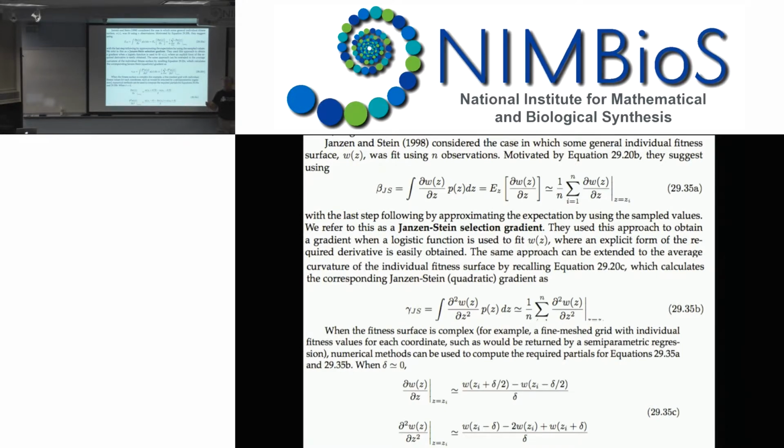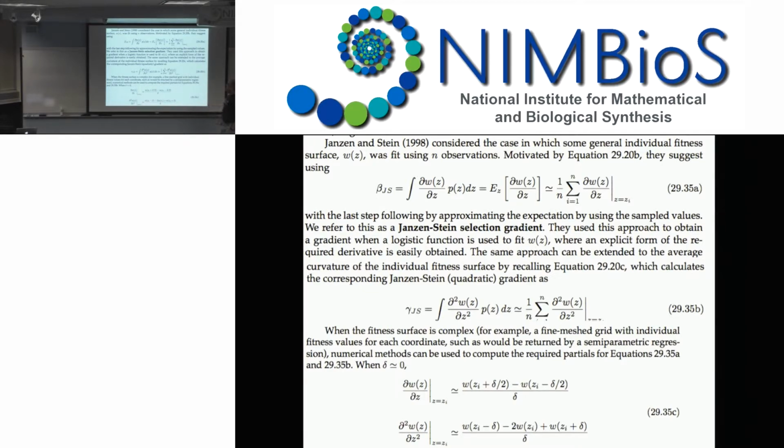That's the first derivative, that's the second. So if I have an arbitrary fitness function, I can still numerically compute these and then numerically compute an average gradient over that fitness surface. That's called the Janzen-Stein gradient. We can do it for average slope, and we can also do it for average curvature.